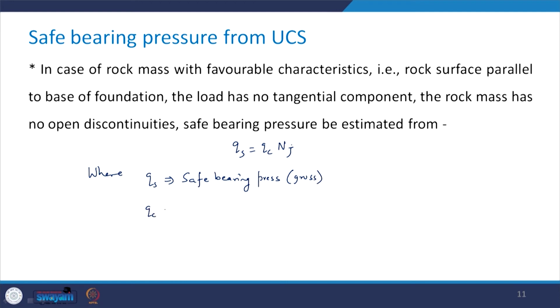Then Qc is the average UCS of the rock core. When I say rock core, I am talking about the intact rock in the zone of influence below the foundation.